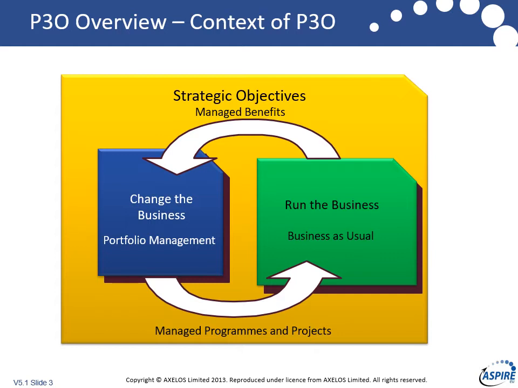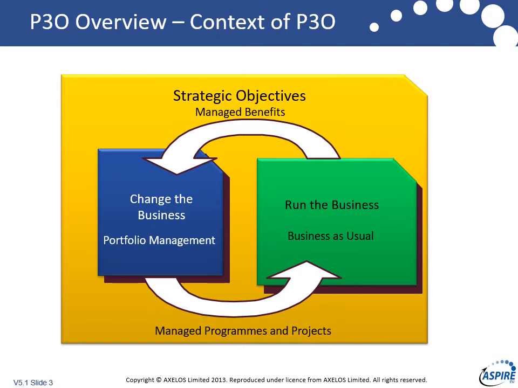Portfolio management is looking at getting the balance between running the business, what's called business as usual, if there is actually anything like business as usual in the modern world where everything's so unstable, but where there's the running of the business and then there's the changing of the business. Now, portfolio is about keeping a balance between the two, and of course P3O is sitting between them as well.